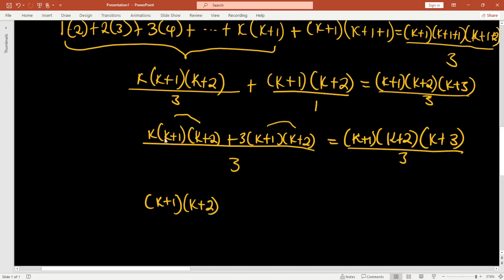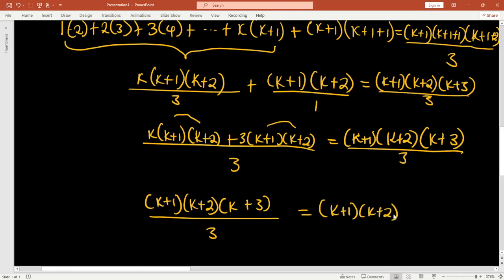The only thing that's going to remain there is k, plus, if you factor out k plus 1 and k plus 2, the only thing that's going to remain there is a 3. So k plus 3, divided by 3, equal to k plus 1, k plus 2, and k plus 3, divided by 3.